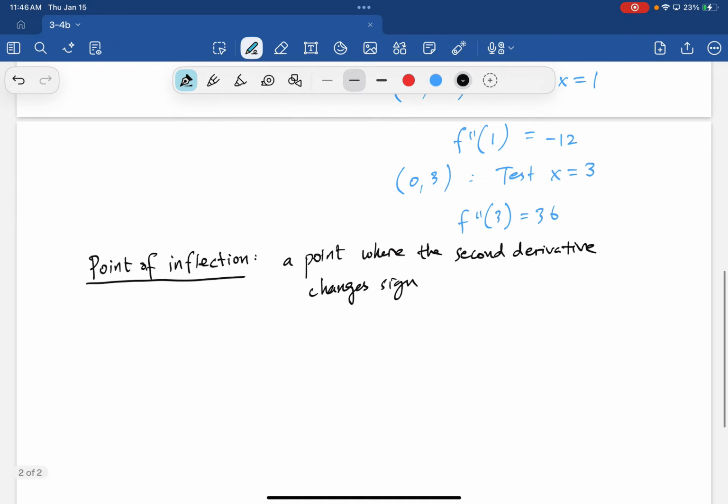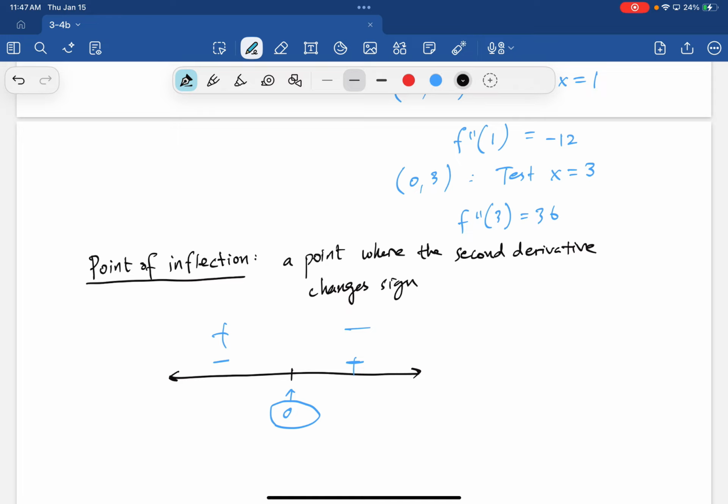For example, we can have a case where the second derivative goes from negative, and then it briefly becomes 0 right here, but then it goes back to negative. Even though the second derivative is 0 at this point, that's not a point of inflection. It has to go from minus to plus or plus to minus. Okay, so make sure you know the definition well. It must change sign.